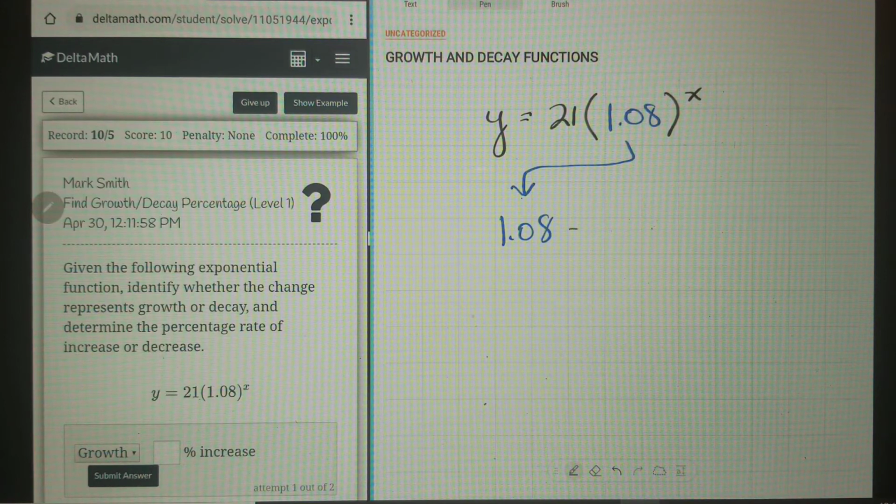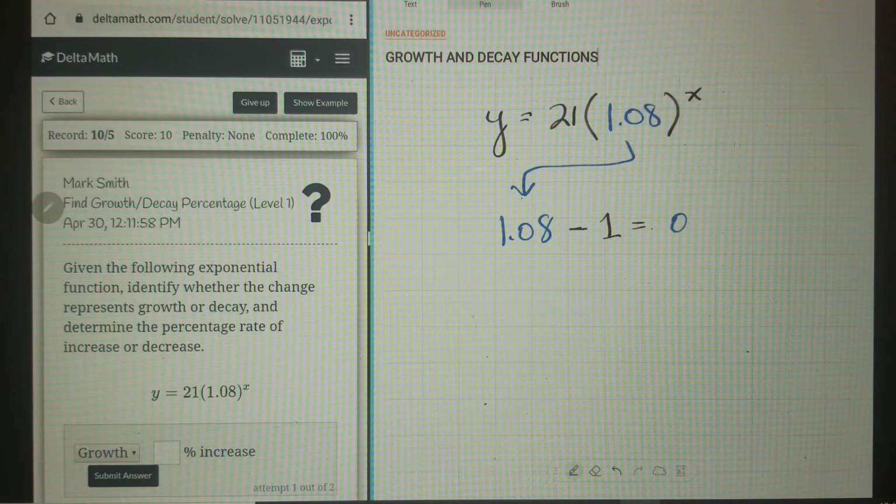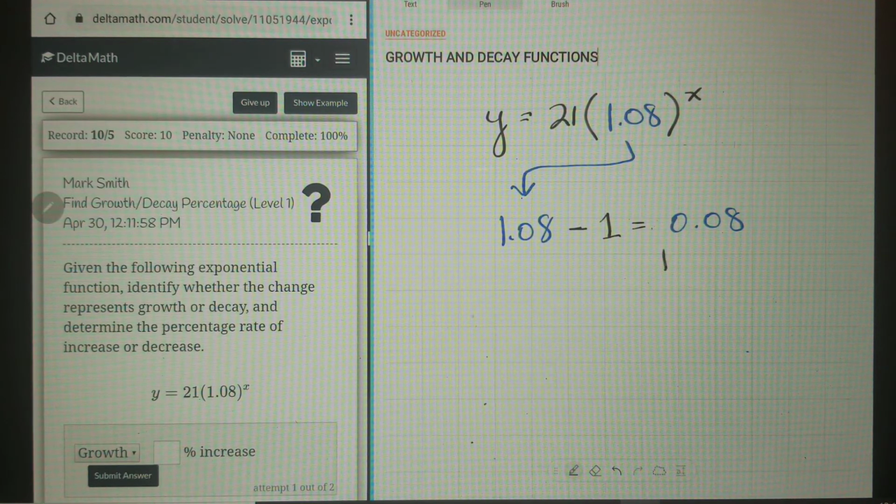We're going to subtract 1, and that's going to give us an answer of 0.08. And we are going to note that this is positive. It's a positive change, so that means it's a growth function.